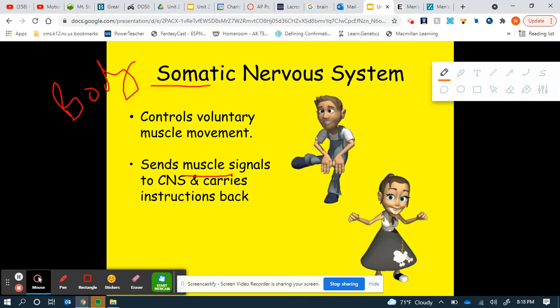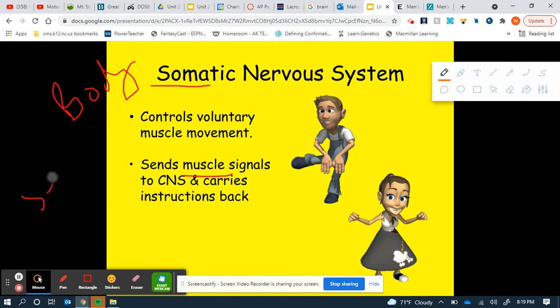So if there's a bee that is flying around our head, our brain sends a signal out. The central nervous system sends a signal out to the arms to swat it away. If we touch something that is hot and we don't realize that it's hot until we start to feel it burn, that sends that signal back up to the brain, and the brain tells us to pull our hand away from it.